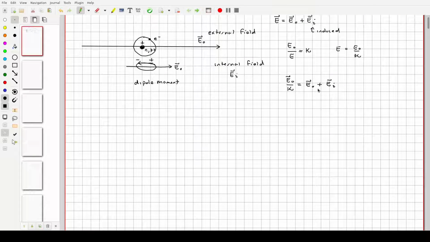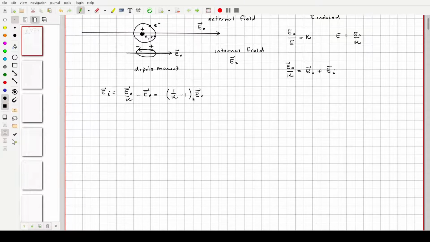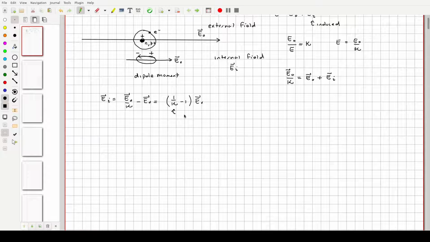So if I look at the relationship between the two, what it says is that the induced field is equal to E naught over kappa minus E naught, or 1 over kappa minus 1 times the field that we put in. So this is the relationship between them. And this right here, this kappa thing, is called the dielectric constant.